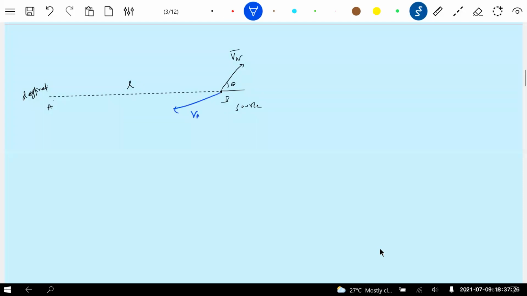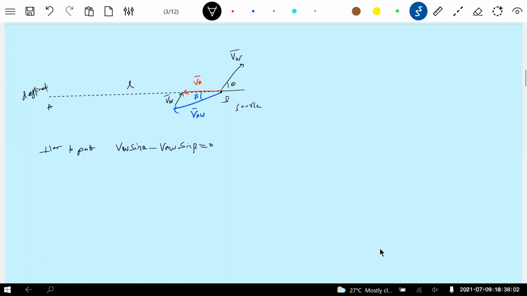I'll adjust VAW bar. Okay, this let me call beta. Earlier we took alpha. Then VW bar will be in this direction, and VA bar will be here. Then again, perpendicular to the path, VW sin theta minus VAW sin beta equal to 0.